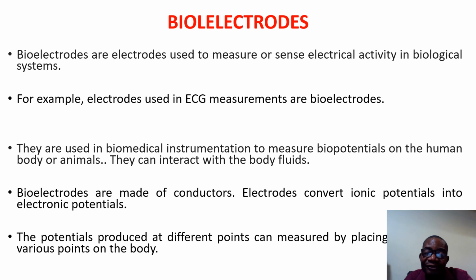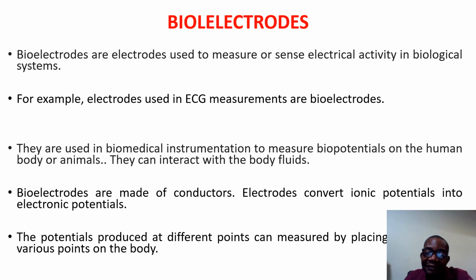Bioelectrodes are made of conductors. We know that conductors allow electric current to flow through them. So electrodes convert ionic potentials into electronic potentials. These bioelectrodes are very useful, and as I said, they are conductors, so they are capable of allowing current to pass through them.